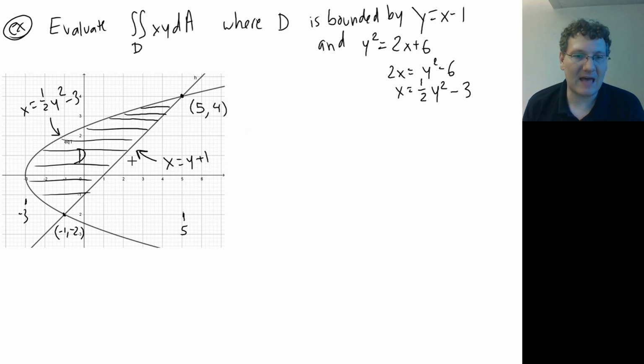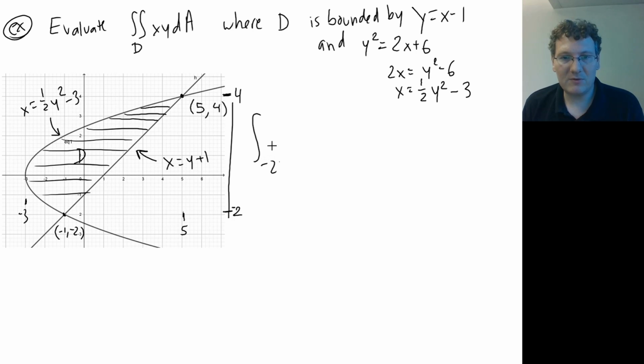So what we're going to do is have our y value go between -2 and 4. -2 to 4, this is going to be our dy.